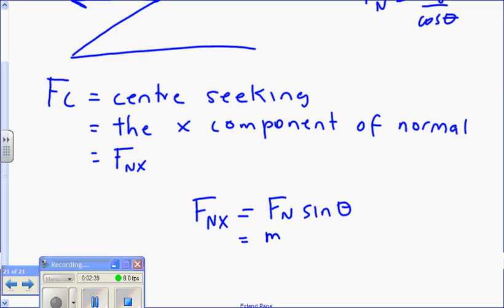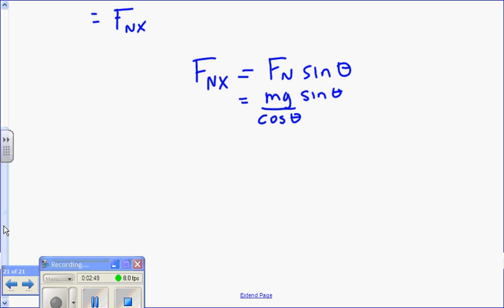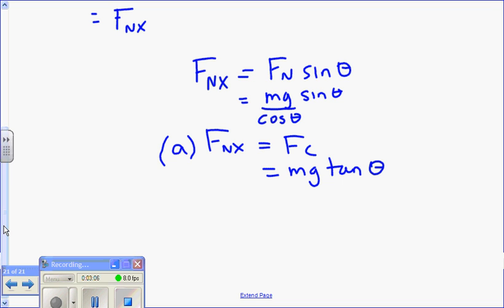So it's mg tan theta, or Fnx is Fc equals mg tan theta. Okay, and that would be the answer to part A. What is the force that provides the acceleration? Well, it's the x component of normal, which is mg tan theta.